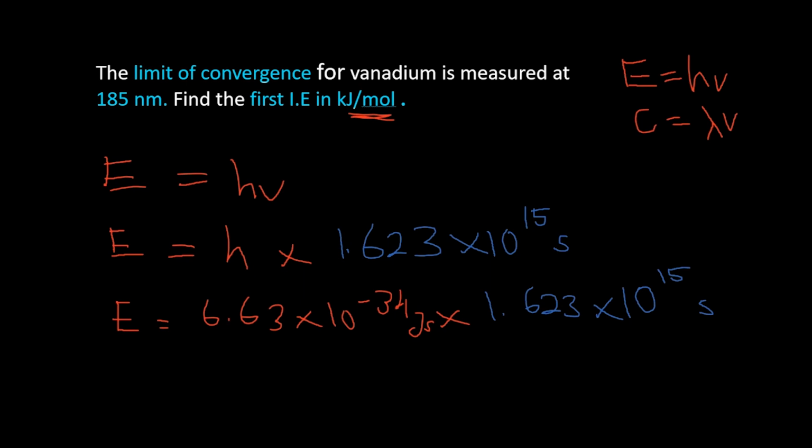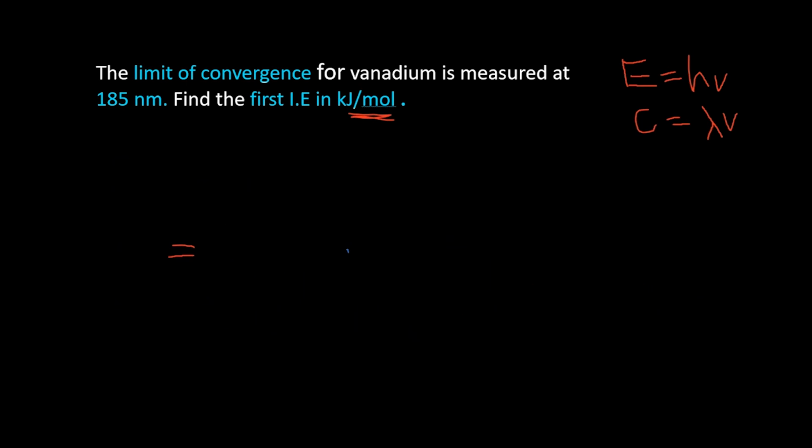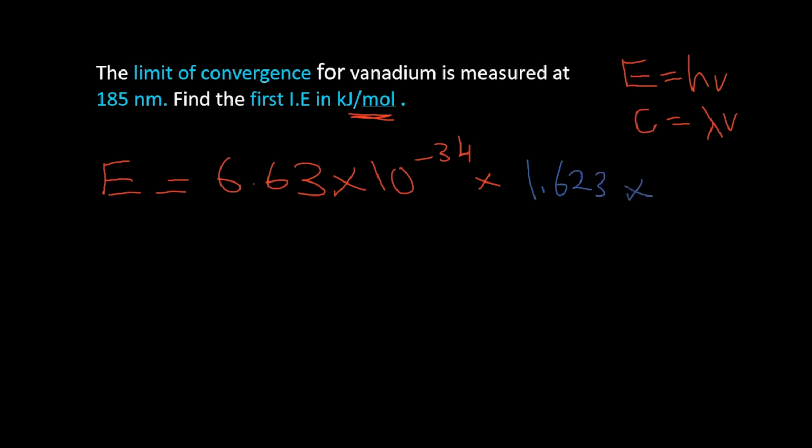Again, if you cancel out the units, it's easier to understand what happens to them afterwards. So writing it all again, energy equals Planck's constant times the 1.623, the frequency that we got. The units cancel out, and we get energy in joules.